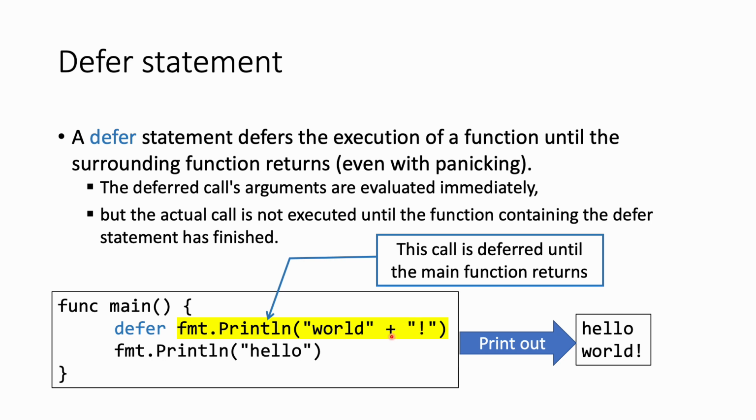The argument is evaluated right away to get the string "word!", but the printout of that string is deferred until the main function has finished, at which point the string hello has been printed out. So the result of this program is the printing out of the string hello before the printing of the string word exclamation point.